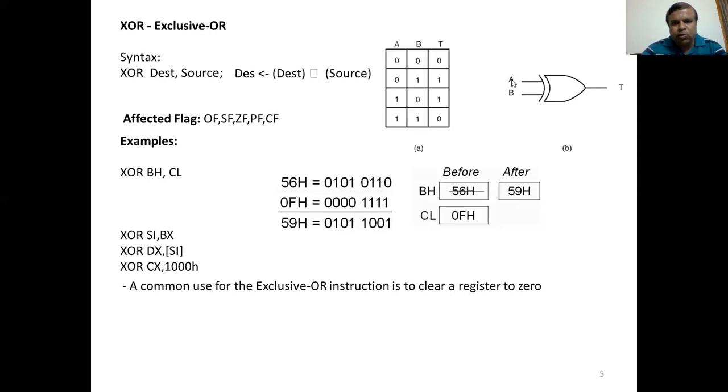Here the two bits A and B are exclusively ORed to produce the result T. If you observe the truth table, the bit is set to 1 if any one of the corresponding bits are different. Otherwise, the bit is cleared.